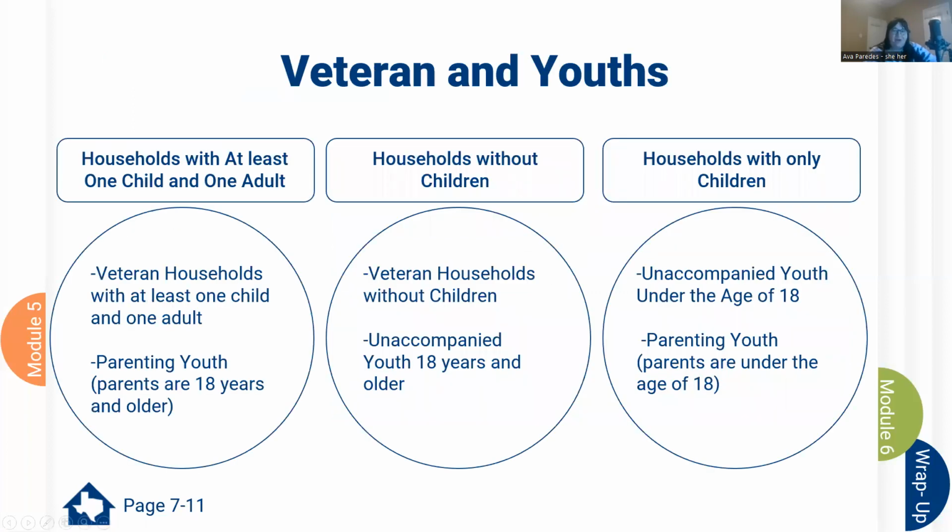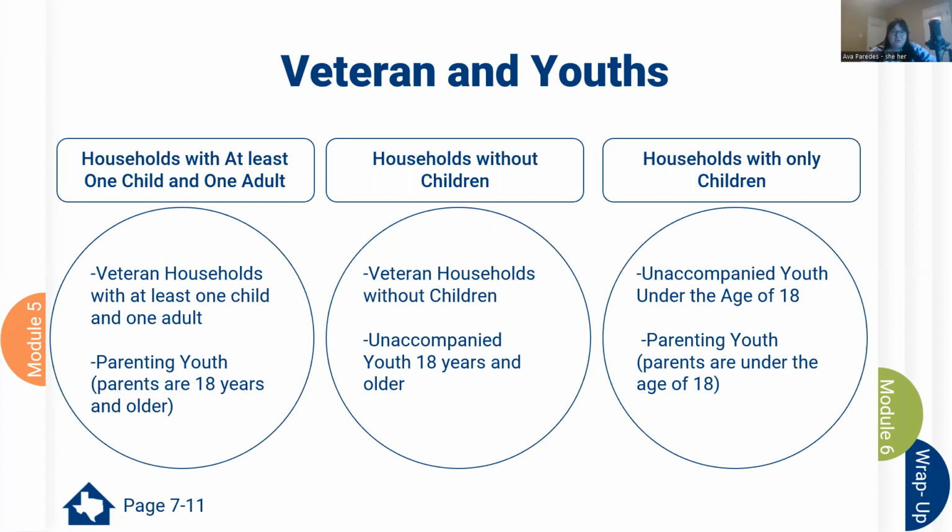All right. So let's talk about some of the subpopulations that we count in the point in time count and that are shown on our PIT reports. There are several different subpopulations accounted for within the PIT reports. The PIT reports also give you a breakdown of veteran households with and without children.